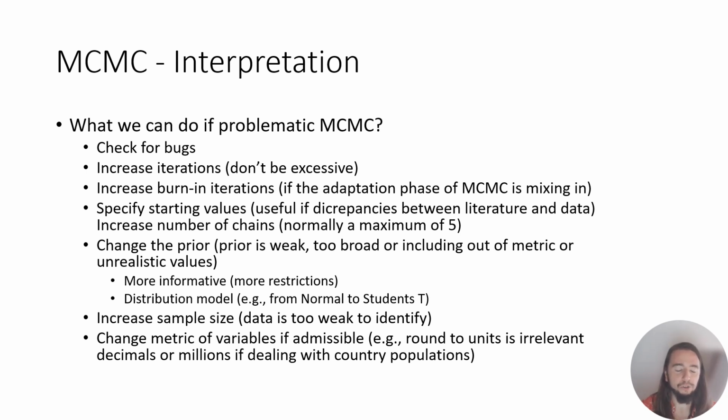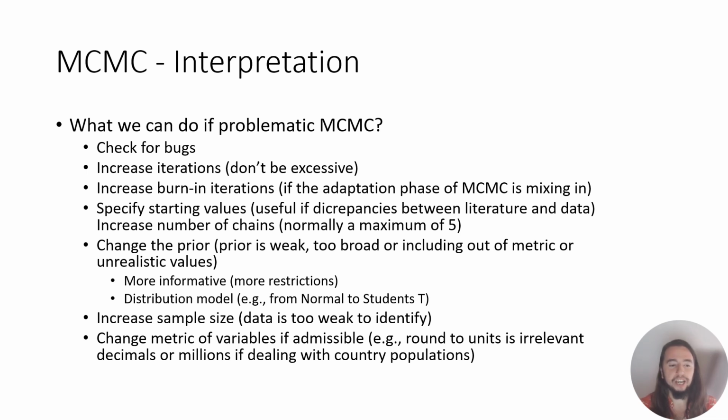Okay, another thing to try is to change the prior. For example, the prior may be weak or not well justified from the literature. Maybe it's too broad, or includes values that are out of the metric of the parameter or unrealistic. Therefore, you can increase the informativity if you can afford it from a theoretical point of view, because it will restrict the MCMC from dancing around.